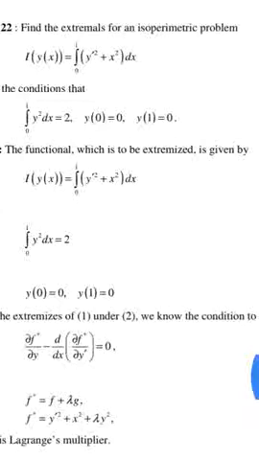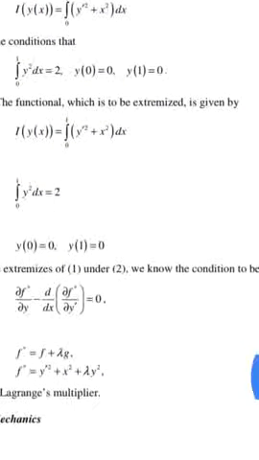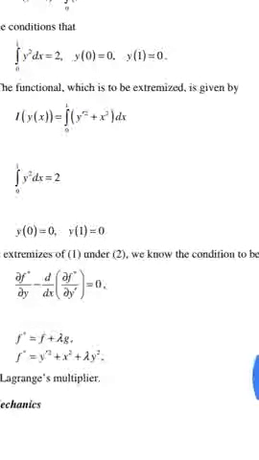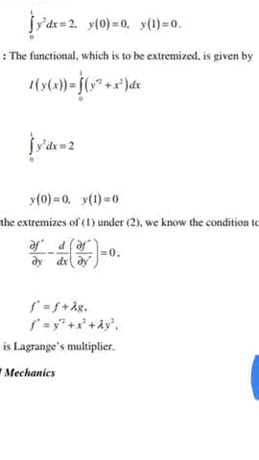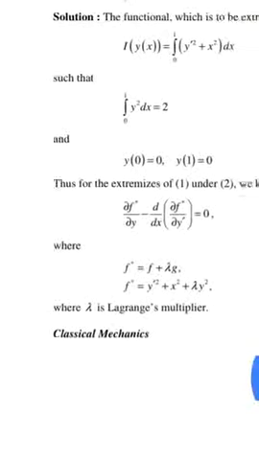Solution. The functional which is to be extremized is given by I of y equal to the integral from 0 to 1 of (y dash square plus x square) dx, such that the integral from 0 to 1 of y square dx is equal to 2, and y of 0 is equal to 0, y of 1 is equal to 0.